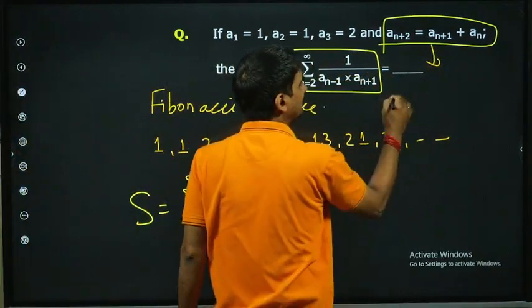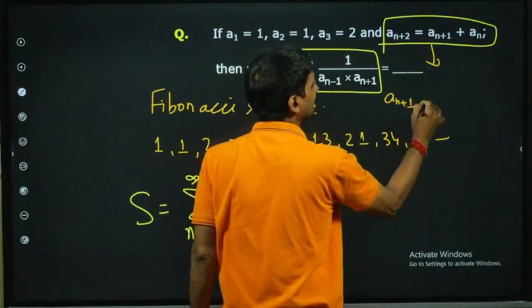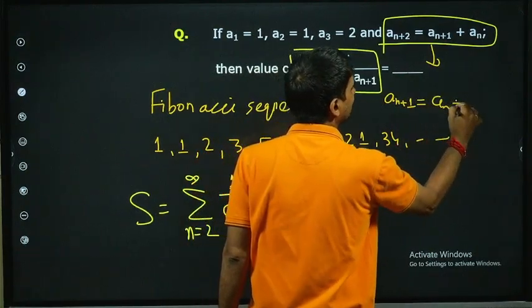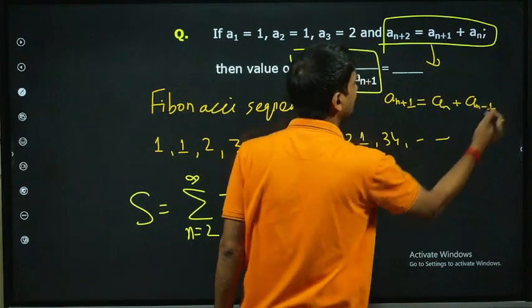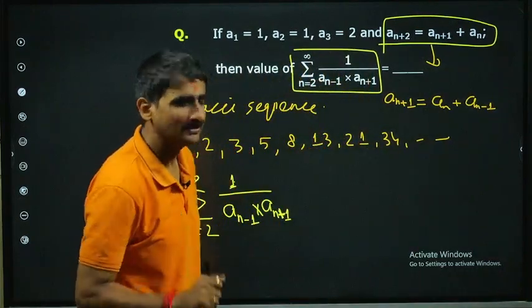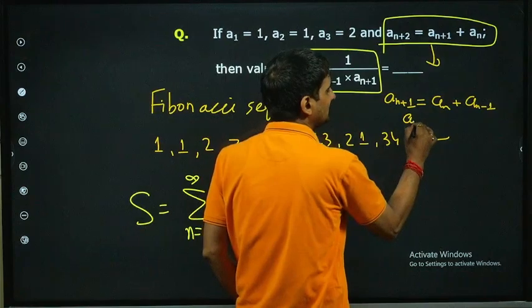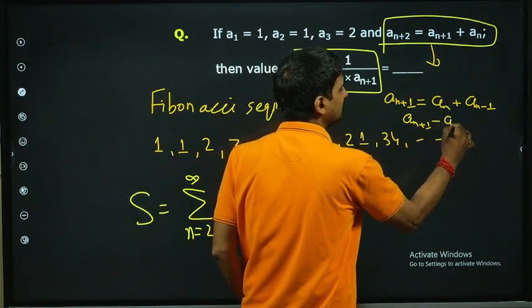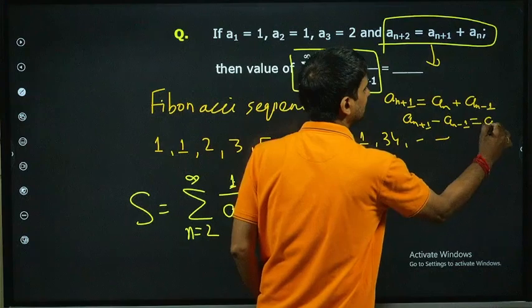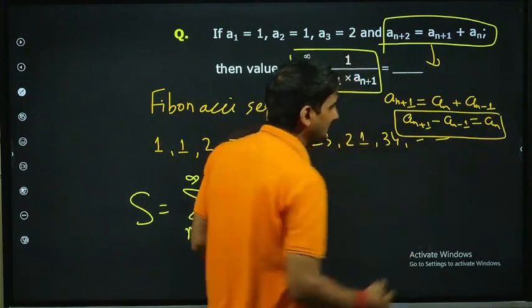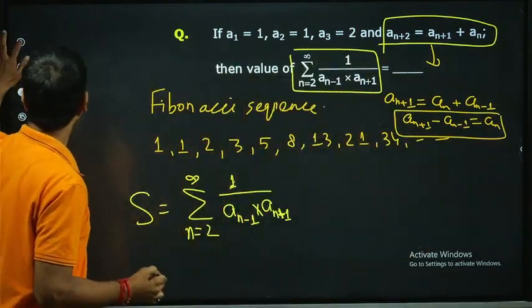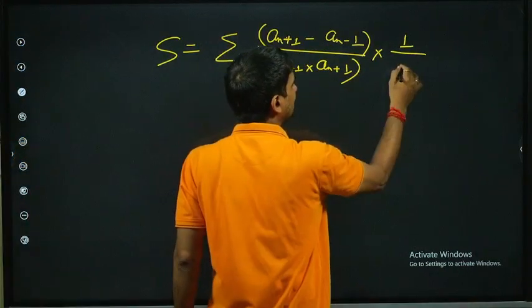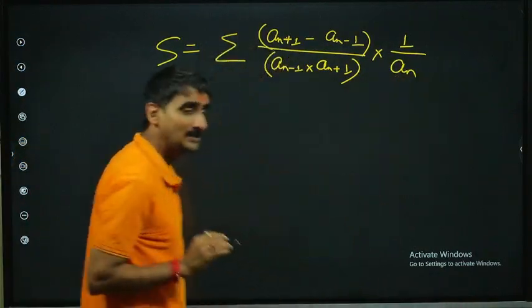I can write a(n+2) as a(n+1) plus a(n), so replacing n+2 by n+1 here, you get a(n+1) minus a(n-1) is nothing but a(n). So I'll be replacing this by a(n), and rather than dividing by this, I will divide by a(n).